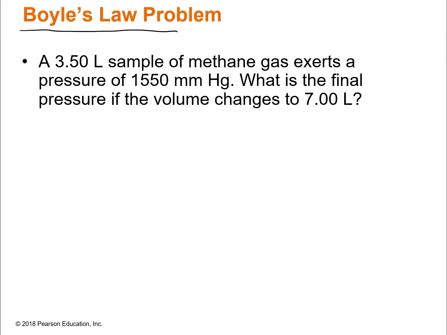A 3.50 liter sample of methane gas exerts a pressure of 1,550 millimeters of mercury. What is the final pressure if the volume changes to 7.00 liters? We've got 3 numbers here, and we need to identify all of these.